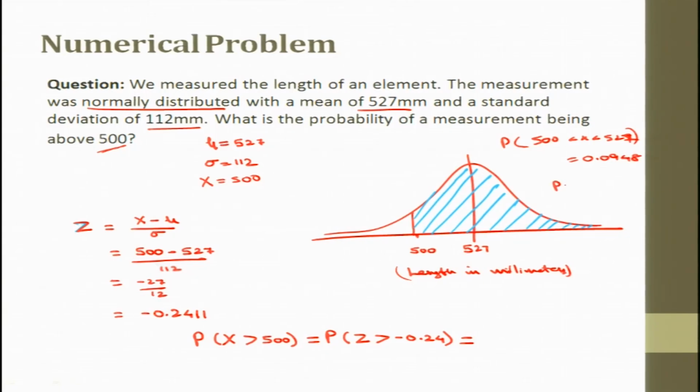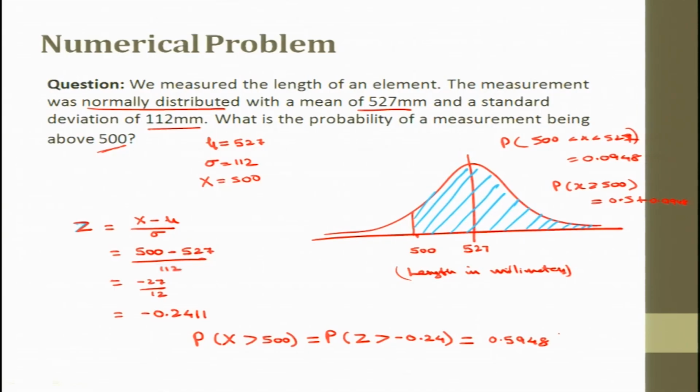So, the probability for x greater than 500 would be equal to the other half of the area, that is 0.5 plus this 0.0948. So, this is equal to 0.5948.